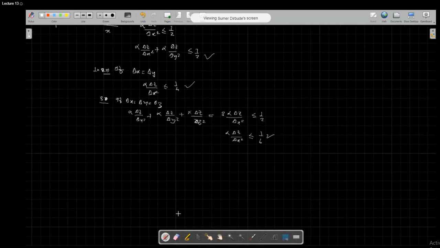Condition for stability: the parabolic equation has this condition, alpha delta t by delta x square less than or equal to half, or alpha delta t by delta x square less than or equal to 1 by 4, or alpha delta t by delta x square less than or equal to 1 by 6.